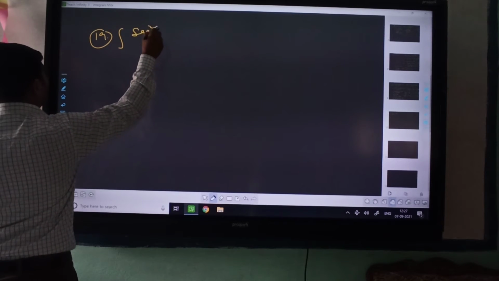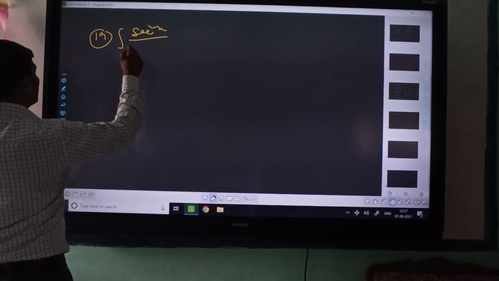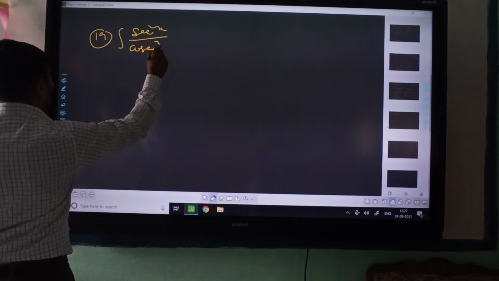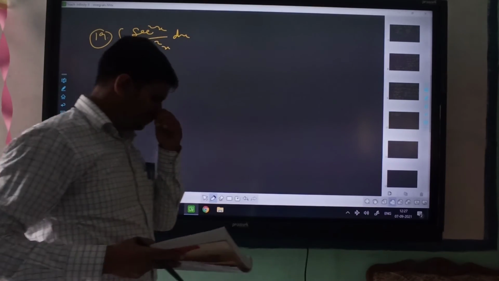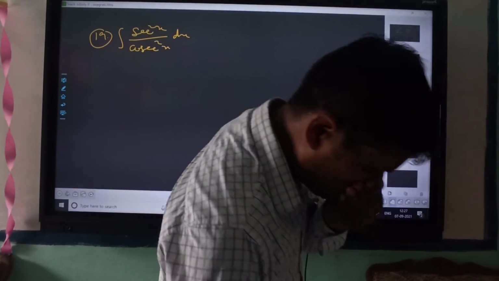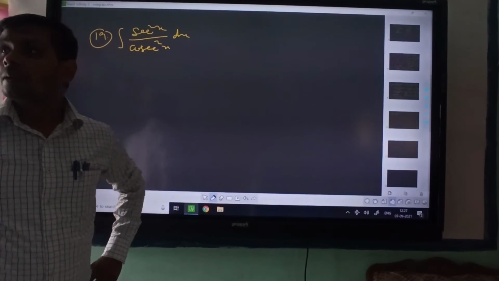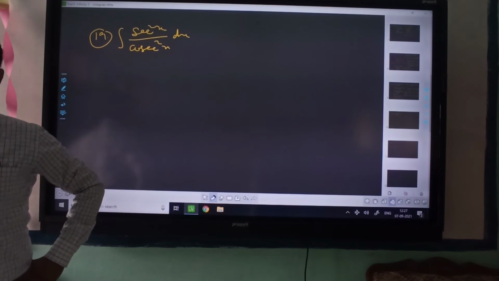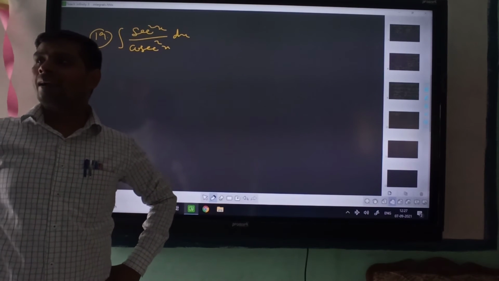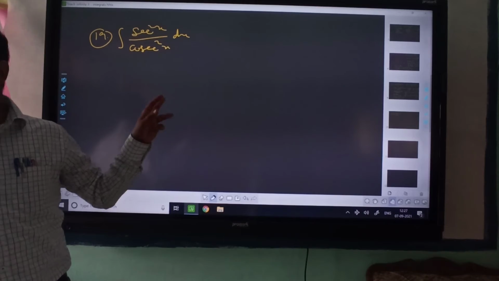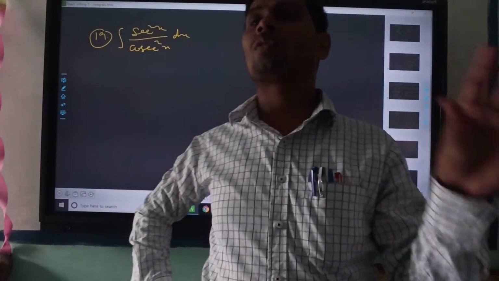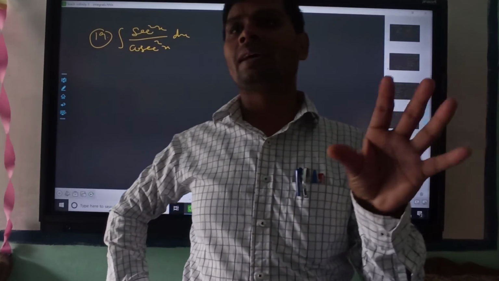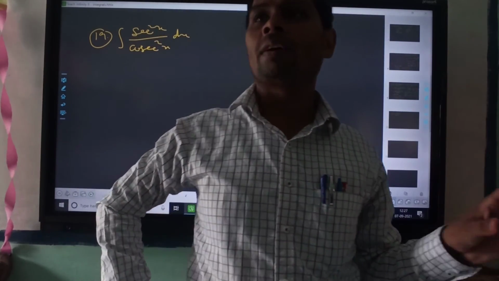Secant square x divided by cosec square x. Now how can we solve this question? There is the problem. In the case of integration, if you are in trouble, as I told you when I was explaining the formula, in the trigonometric family, sine and cos are the elders, the very senior persons of the family.